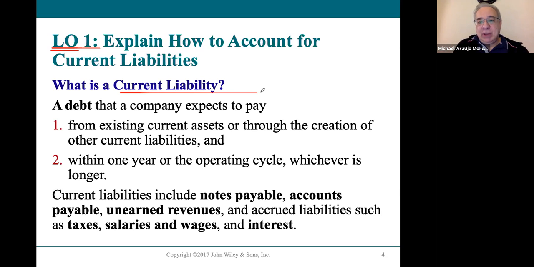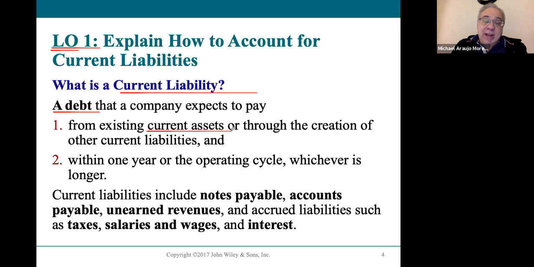So a current liability basically is a debt that needs to be paid within the current period, right? Usually 1 year. We usually pay our current liabilities from our current assets. That's usually how we manage that.